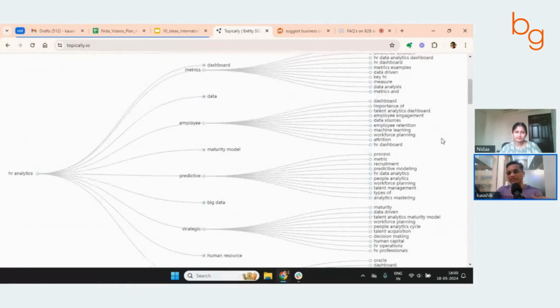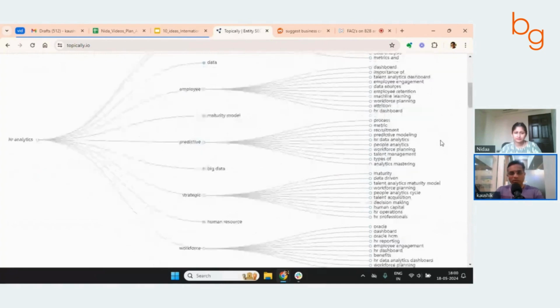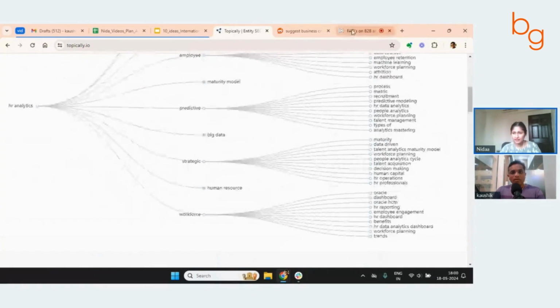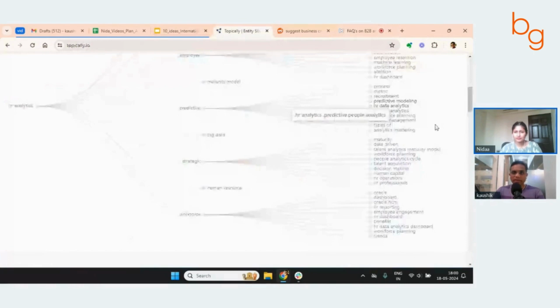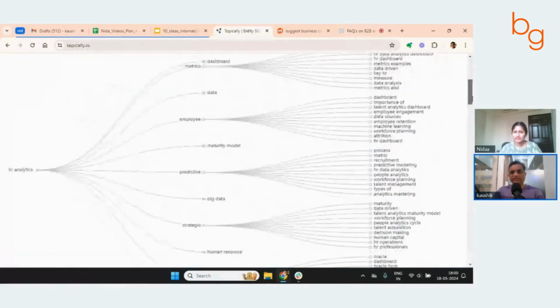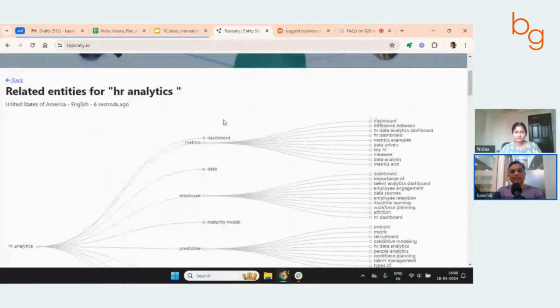And the second is it just gives you an overall feel of your ICP. So while planning the content that goes on our websites or on our social media, mailers, these are the words we should be including, or these are the topics that we should be including. Yeah, topics.